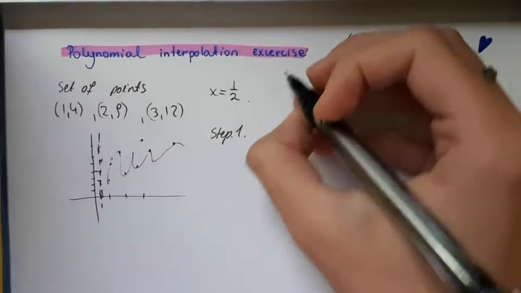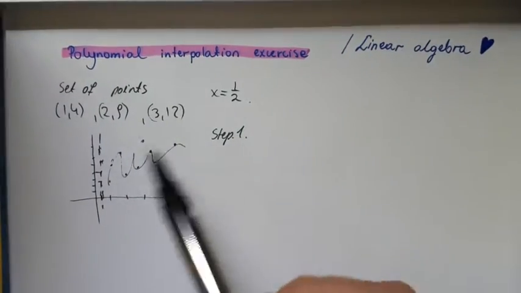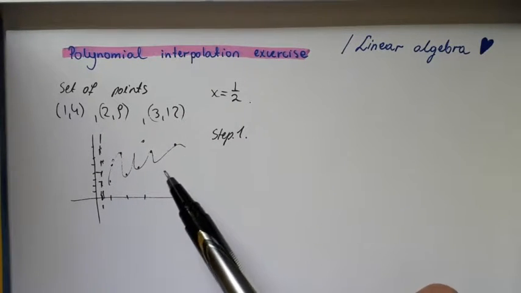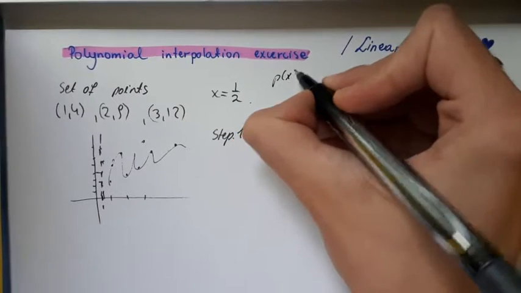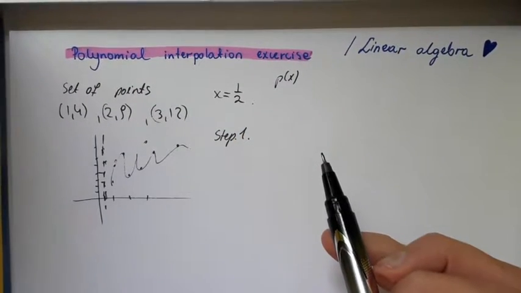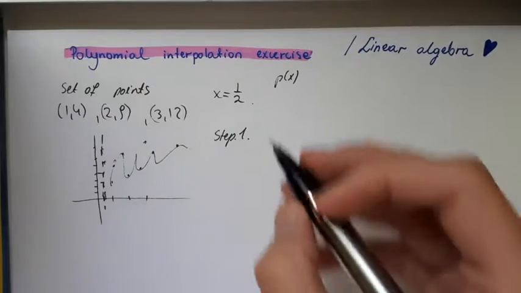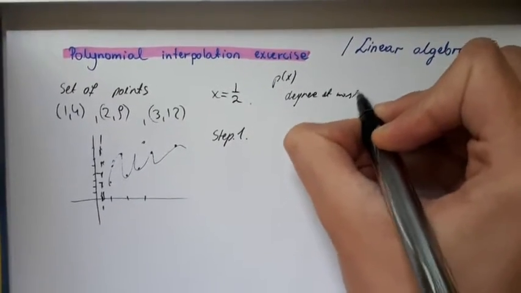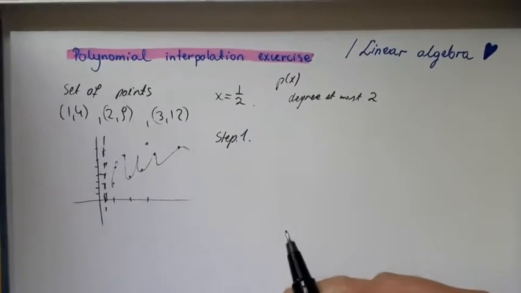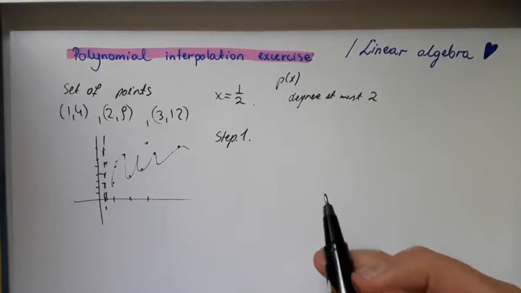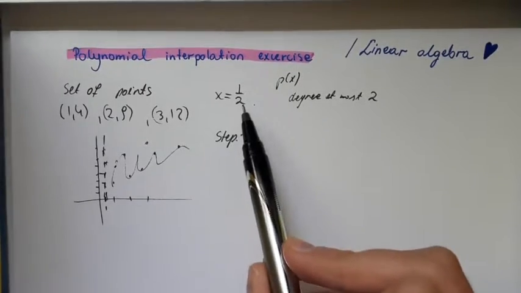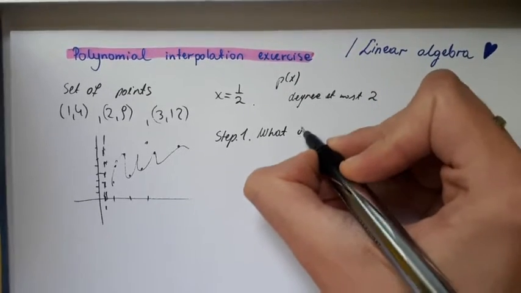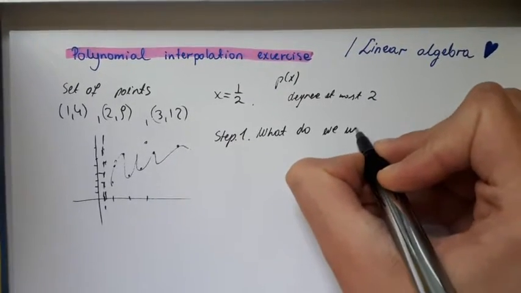The question asks: we are given the points, please find the interpolating polynomial p(x) of degree at most 2, and then estimate the value corresponding to x = 1/2. So step 1, what do we want?